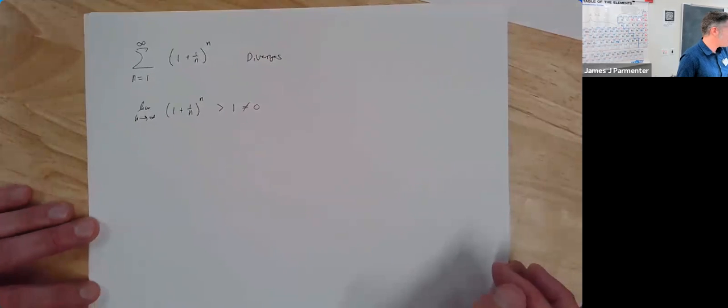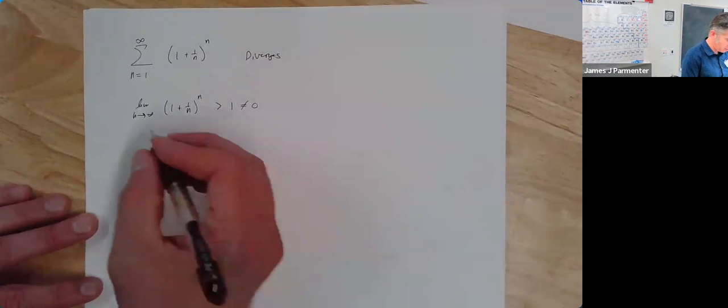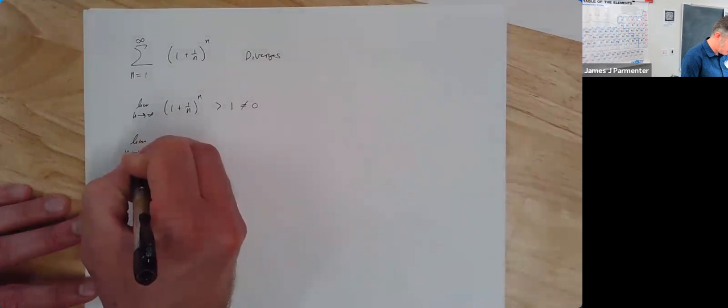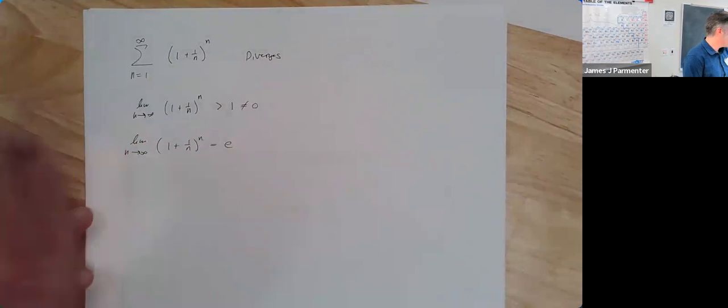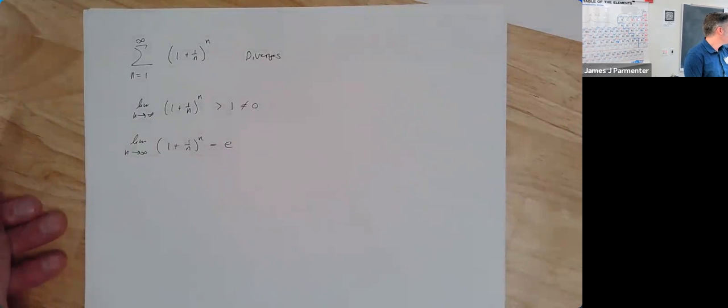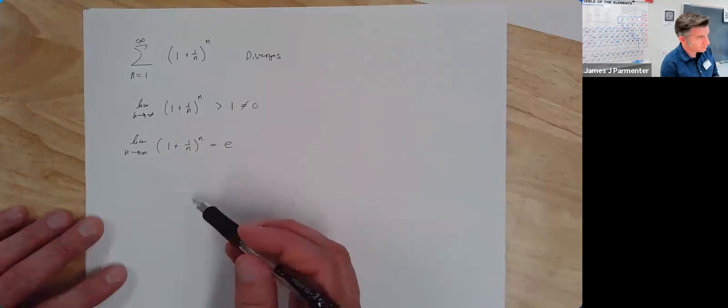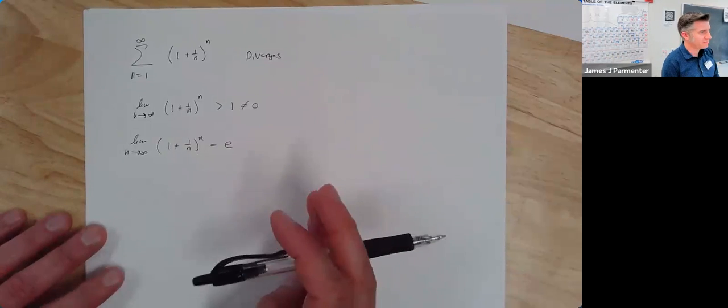However, I really did want to point out what this limit was, because I do think it's worth knowing. The limit as n goes to infinity of (1 plus 1 over n) to the nth power is e. Why is that so? Think about it this way.